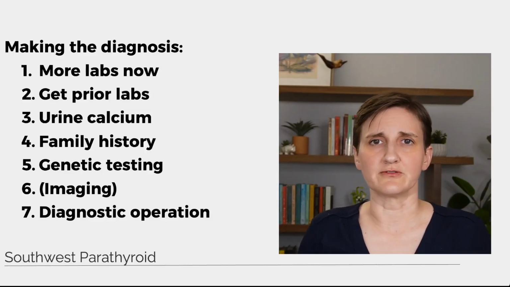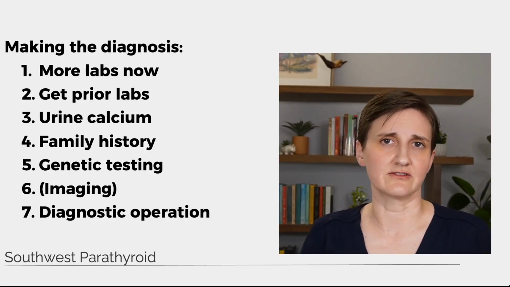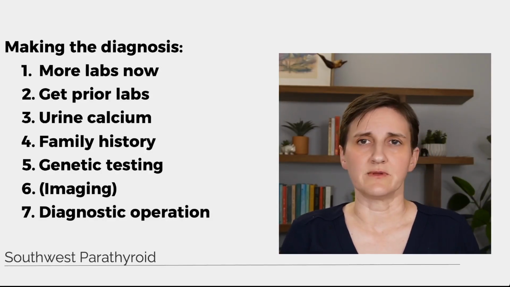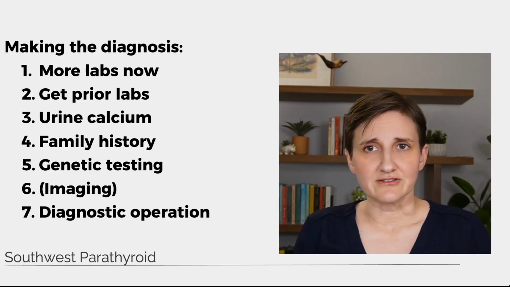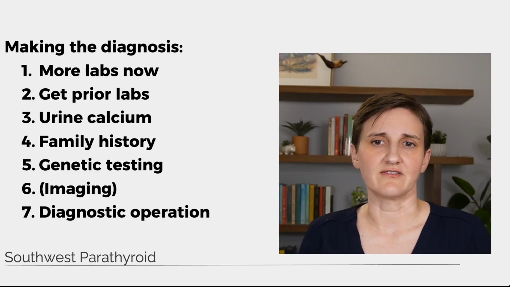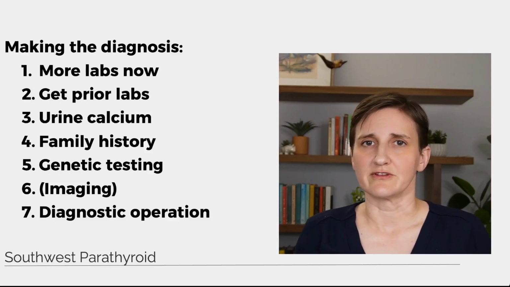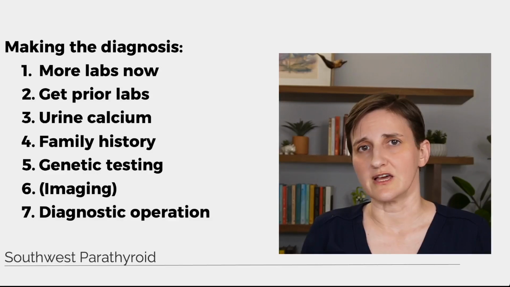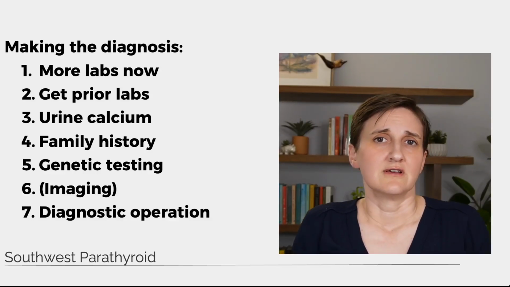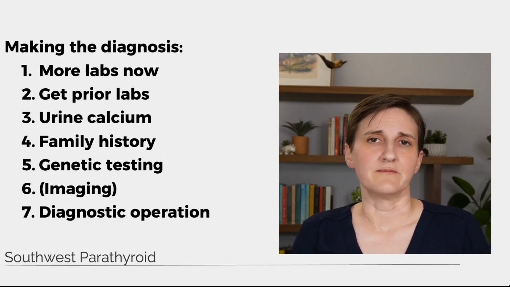And for the most part, at that point, you can answer the question. I have had people get a diagnostic operation and then at a later date find that they've got a genetic mutation. For whatever reason, they couldn't get genetic testing before. I've also had people, like I said, where I do a diagnostic operation, I find 4 pretty normal glands.